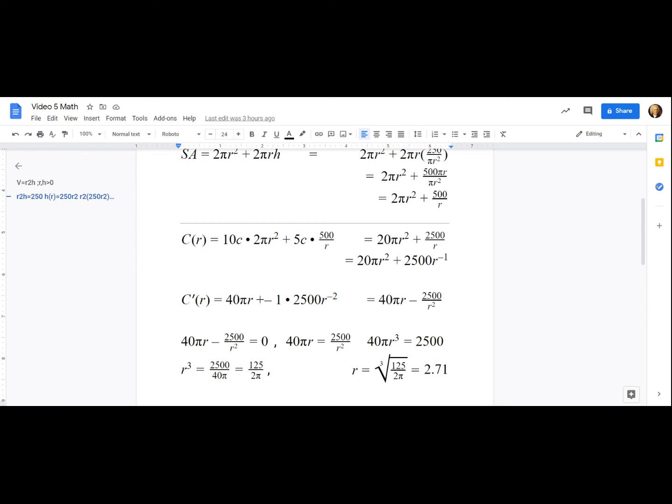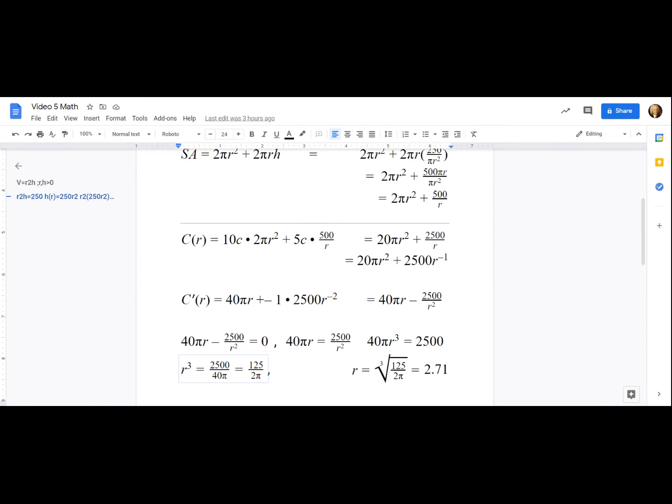We're off to a good start. But in order to figure out r, first we have to have the coefficient of r equal 1. And we have a 40 pi over the r cubed. So we divide both sides by 40 pi. So we're left with r cubed equals 2500 over 40 pi, which can be simplified as 125 over 2 pi.